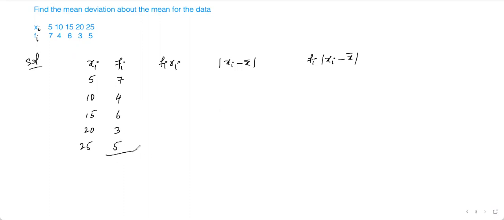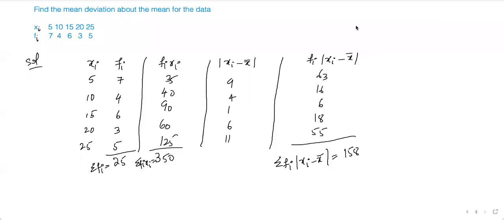The summation of fi is 25, and the products fi xi are 35, 40, 90, and so on. We will simplify this quickly.